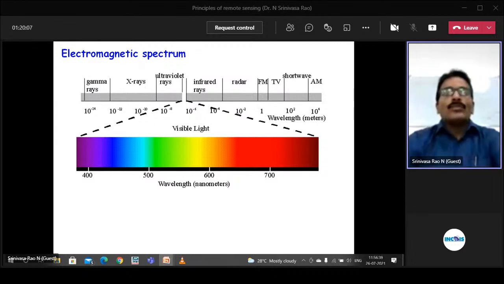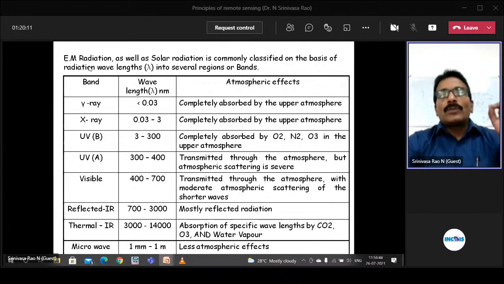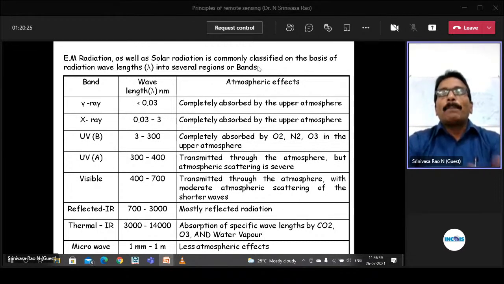Now if you see the table form, electromagnetic energy. This is electromagnetic radiation, solar radiation, commonly classified on the basis of wavelength into several regions or bands.